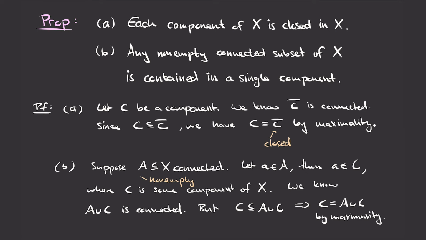And if C is equal to the union of A with C, this means that A has to be a subset of C. So this shows that this arbitrary connected non-empty subset A we've chosen is contained in some component C, so it's contained entirely within that single component, and moreover it can't be contained in any other component because distinct components are disjoint by the fact that they partition our space. Okay, so that proves these two properties of components.